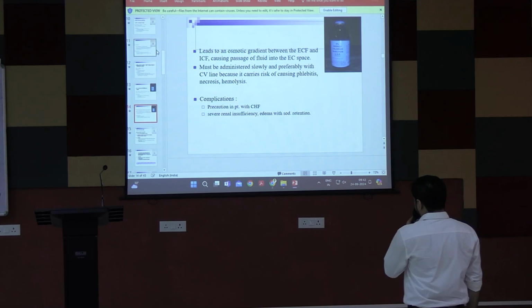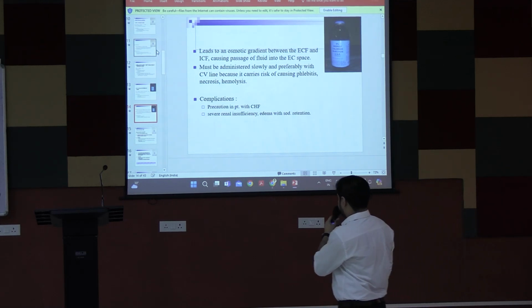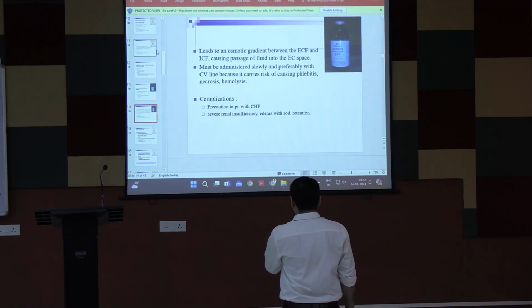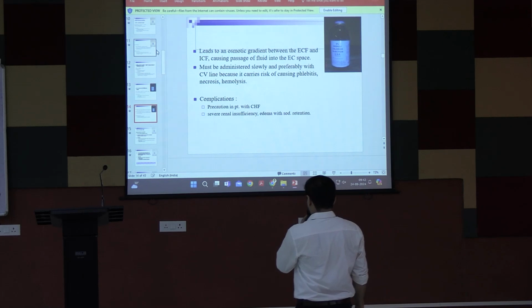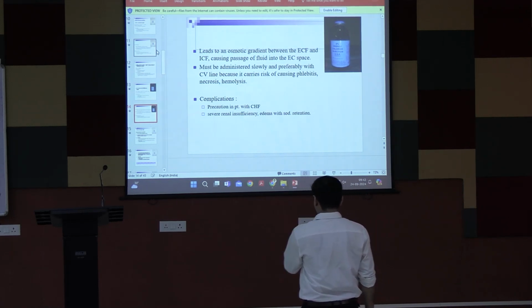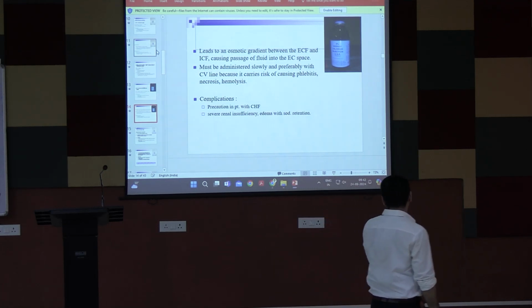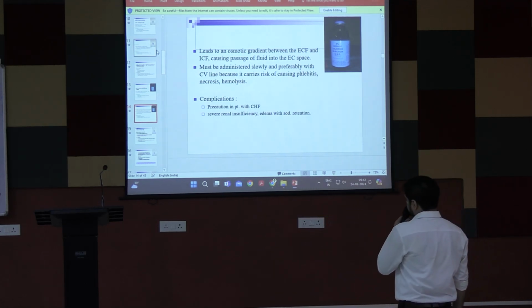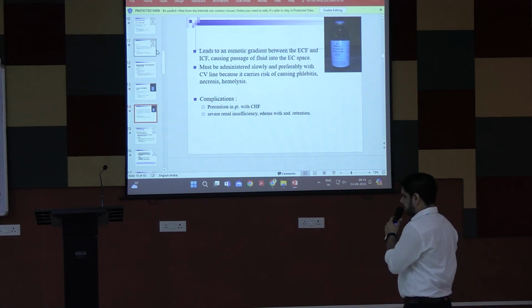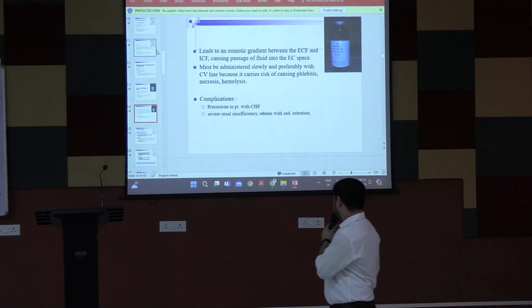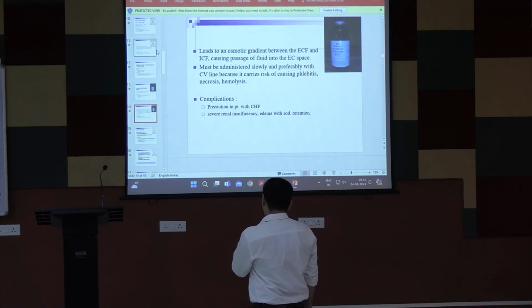It creates an osmotic gradient between ECF and ICF, causing passage of fluid into the extracellular space. It must be administered alone and preferably through a central venous line. It carries a risk of phlebitis, necrosis or hemolysis. Complication: precaution in patients with congestive heart failure, severe renal insufficiency, edema or sodium retention.